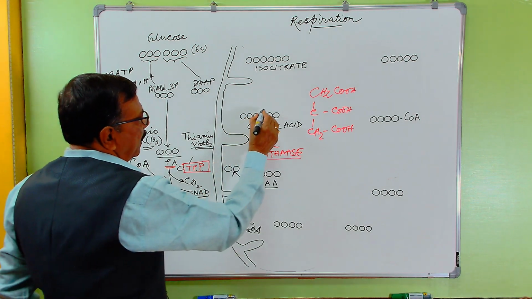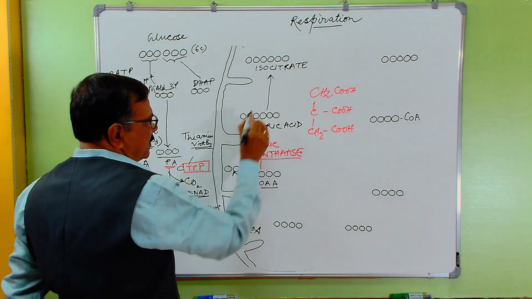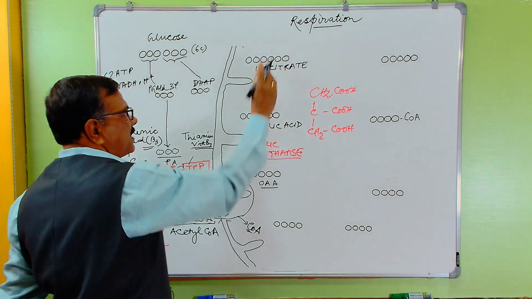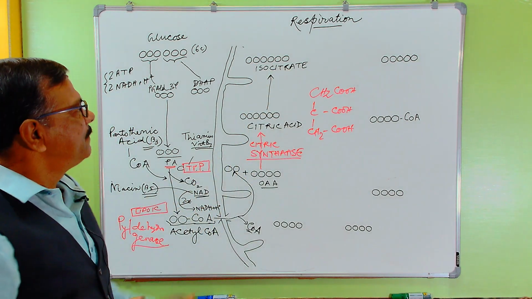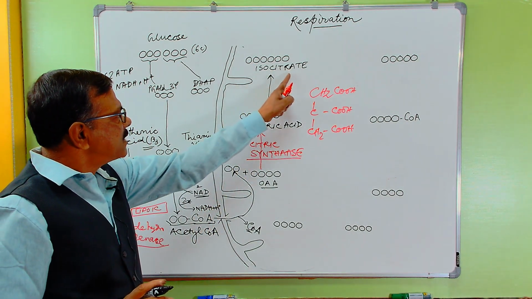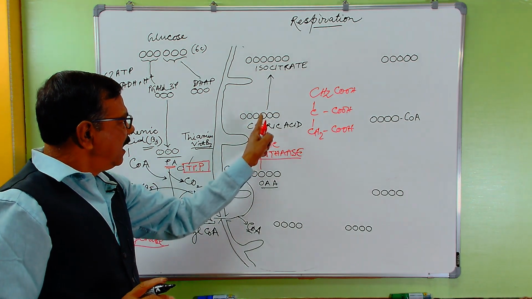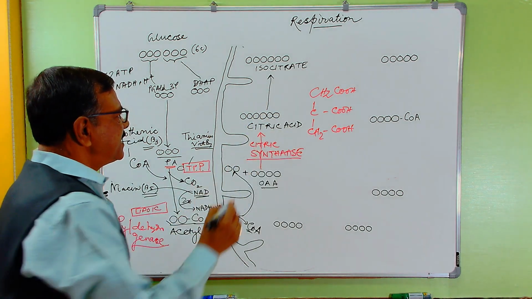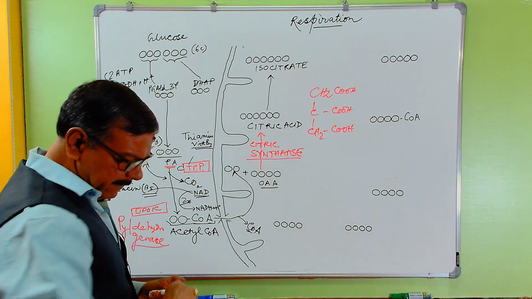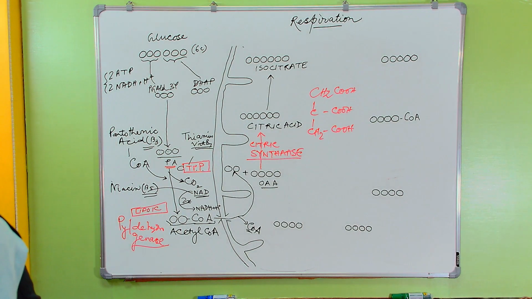This is the 6 carbon, this is the 6 carbon, they are actually isomers. So isocitrate and this one is citric acid, and this is mediated by aconitase.